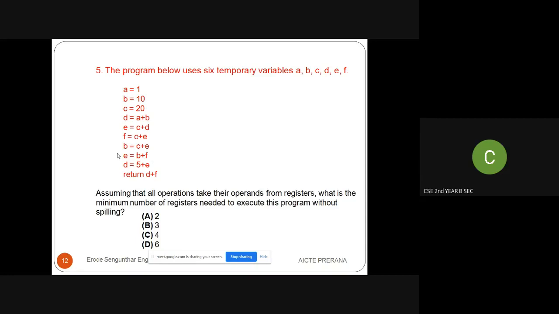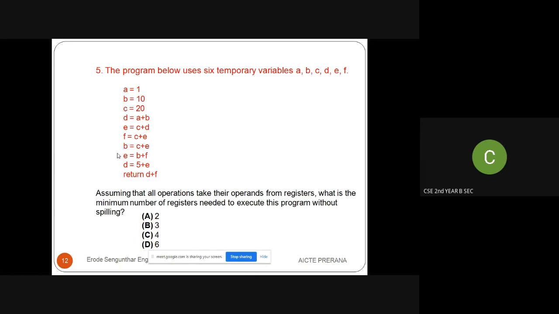I again repeat the two clues. First, in order to save a defined value in a particular variable, we are in need of one register per variable. Second, whenever repeated operations are performed using the same variables in the same program, there is no need for extra registers in our current program.